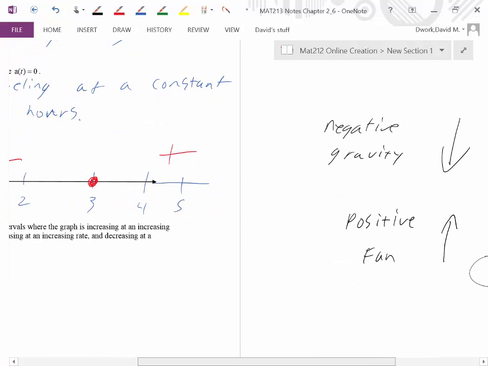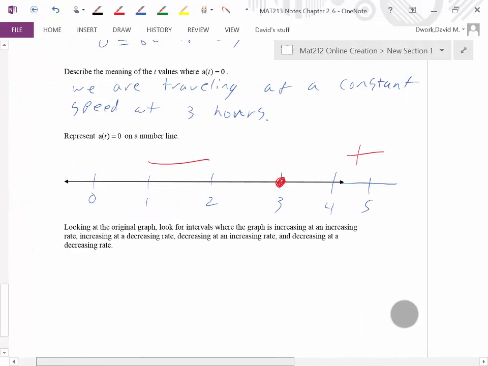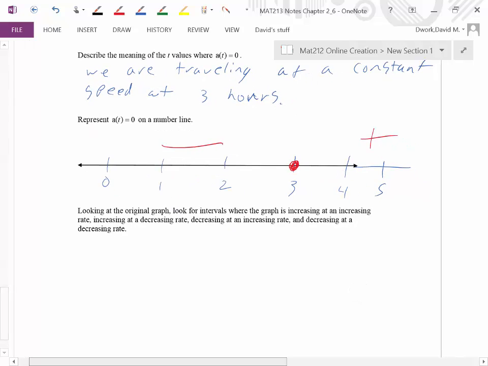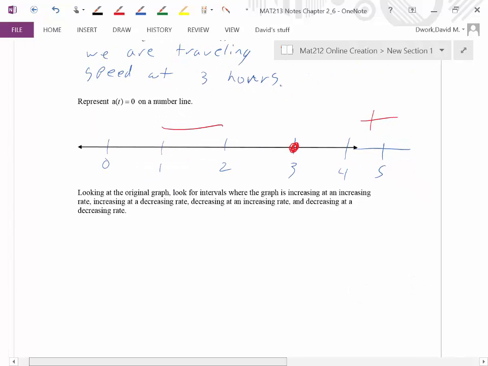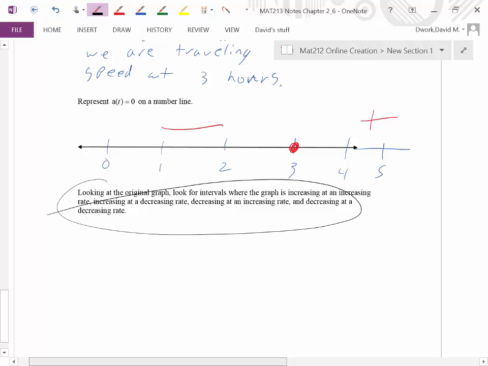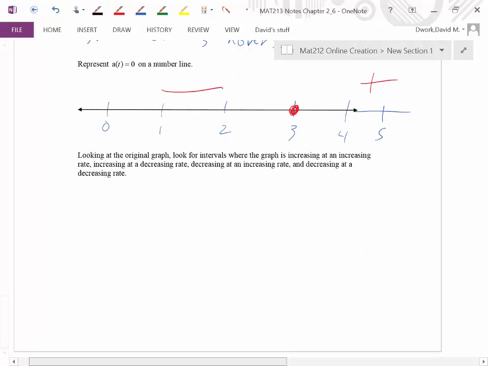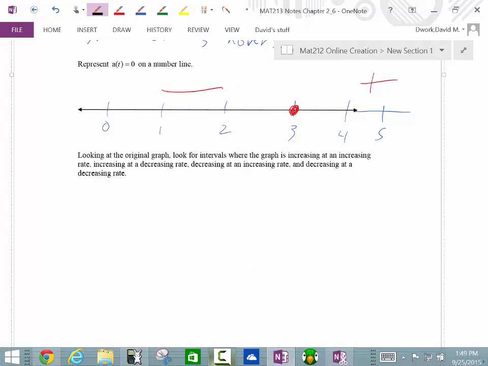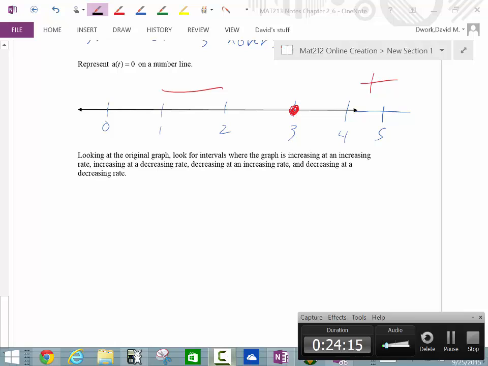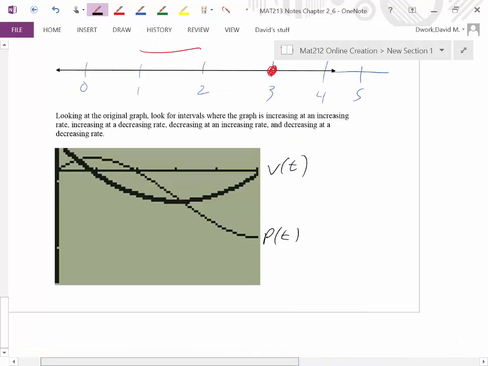Okay. And then once you get more comfortable with it, we could extend that to brakes on your car and stepping on the accelerator in your car, that kind of thing, the gas pedal. So, nonetheless, we're going to put this all together now. What we're going to do is look at the original graph, and we're going to compare all these number lines and things and kind of see what's going on. So let's go ahead and get a graph up of our original function.